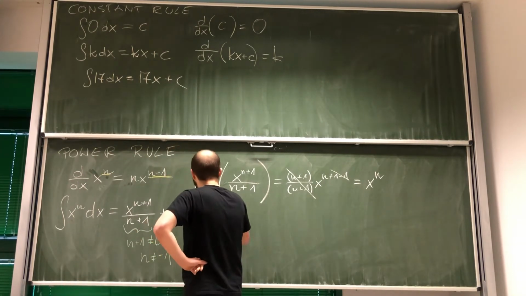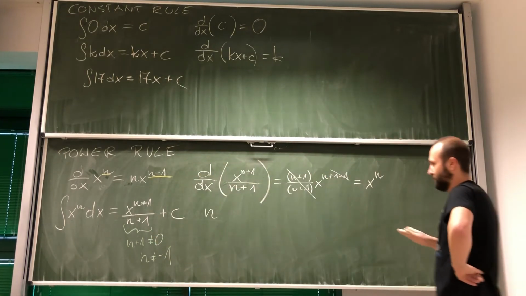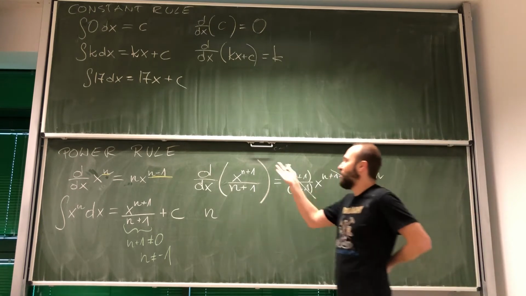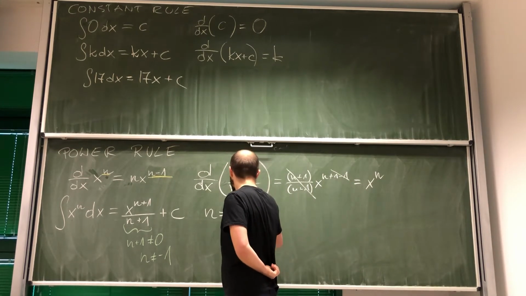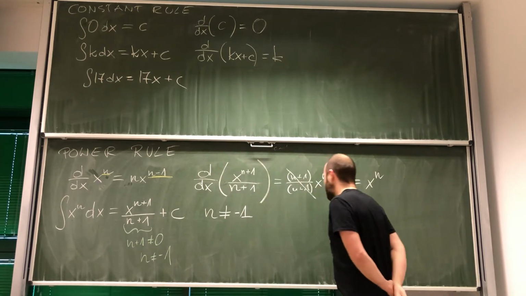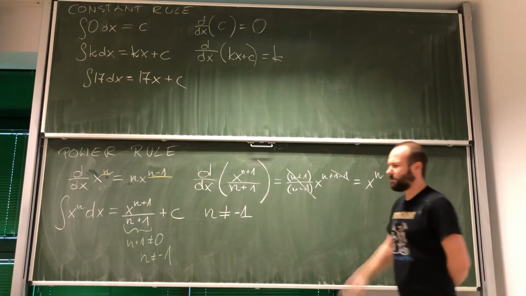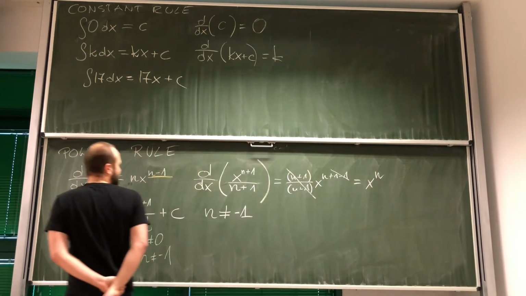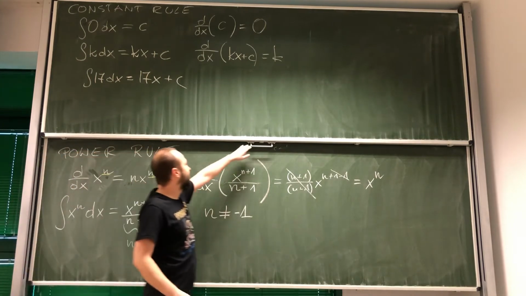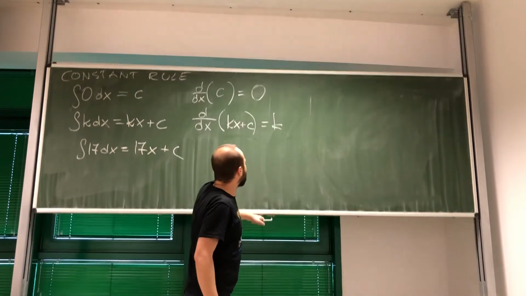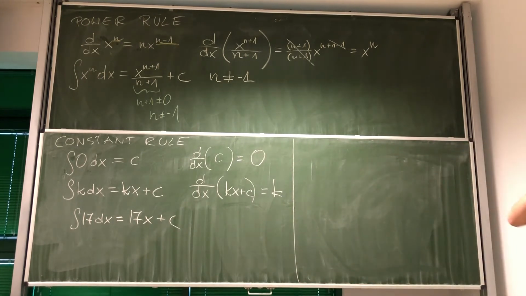So remember, we can use this rule anytime we want, when we have a power function, unless n is equal to -1. And once we get to the logarithmic rule, it will become self-explanatory why we need to have it like this. Okay, so look, now let's do a couple of examples on integration so we get a better hang of it.